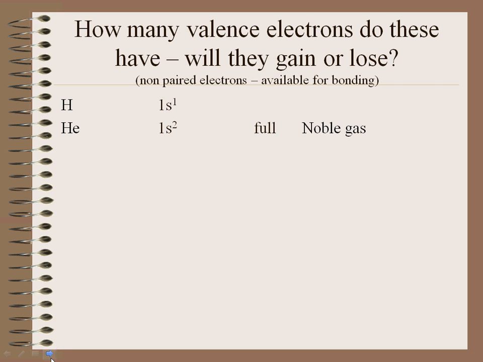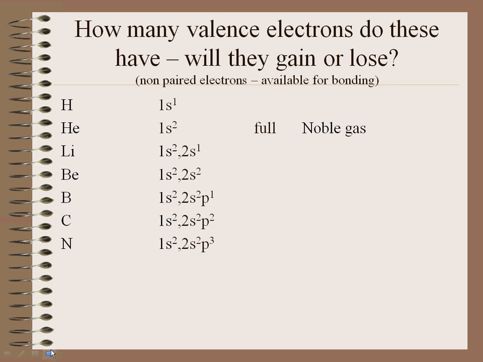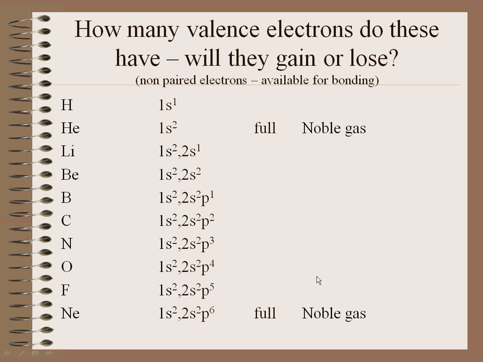Lithium, 1s2, 2s1, 3 electrons, so fill up the 1s, and then put 1 more in 2s. Beryllium is going to pick up an additional 1. Boron, carbon, nitrogen, oxygen, fluorine, and then finally I'm back to neon.